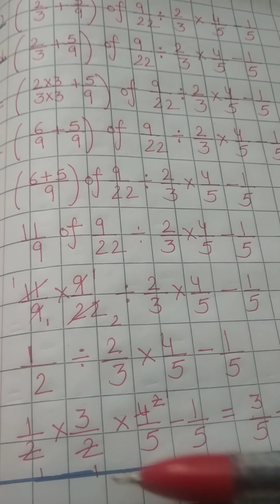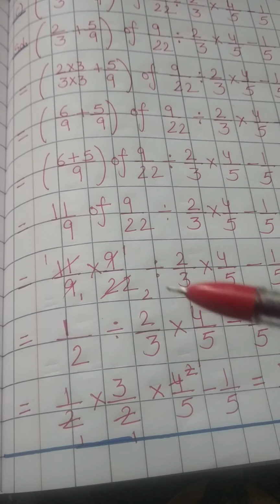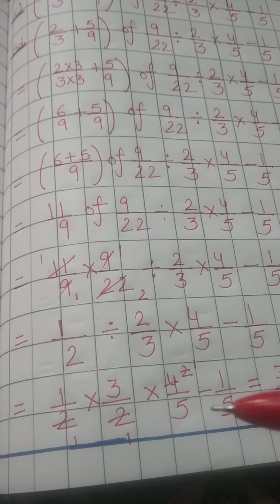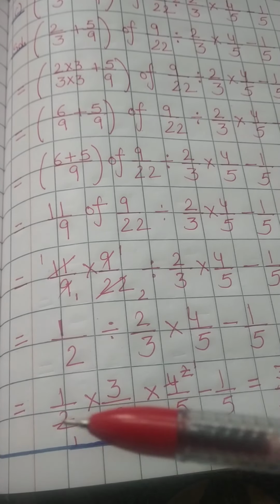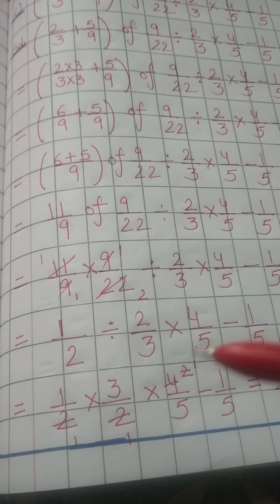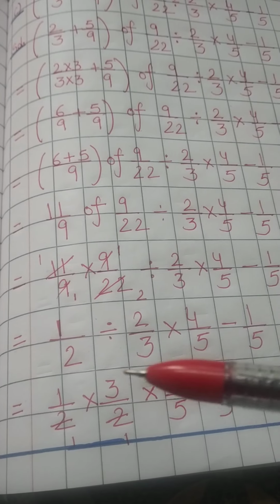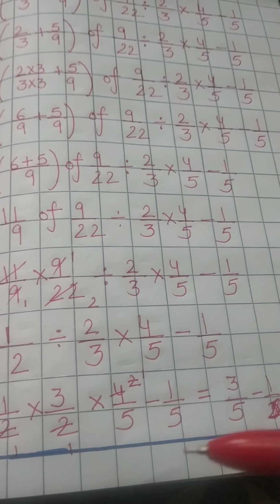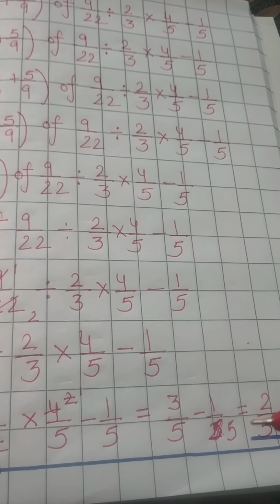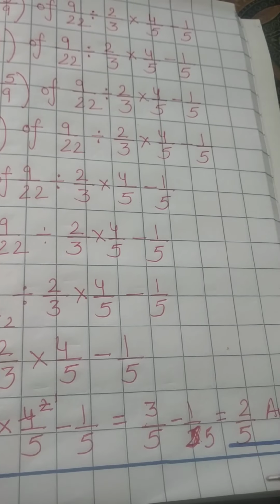Here we do the division, so we take the reciprocal: into 3 by 2 into 4 by 5 minus 1 upon 5. Then 1 upon 2 into 3 by 2, so 2 2s are 4 and 1 3 is 3. So 3 upon 4 will remain, minus 1 upon 5. Then 3 upon 5 minus 1 upon 5 equals 3 minus 1 is 2, so 2 upon 5 is the answer.